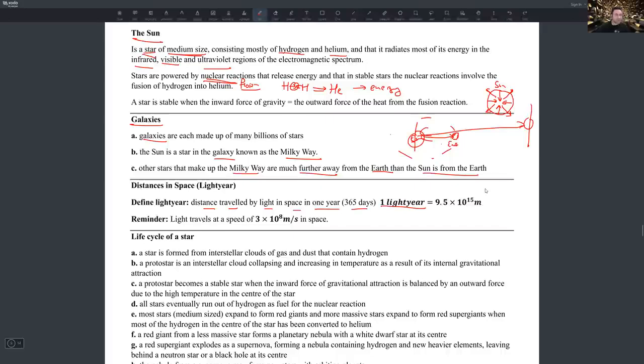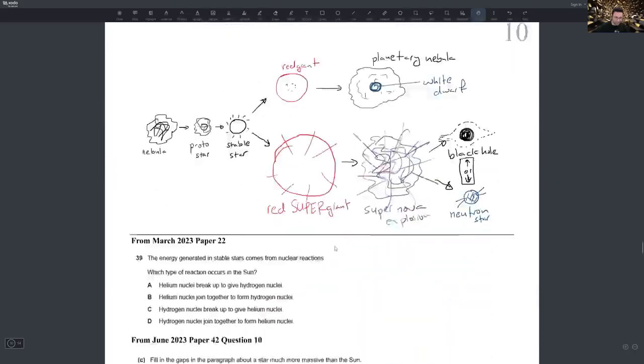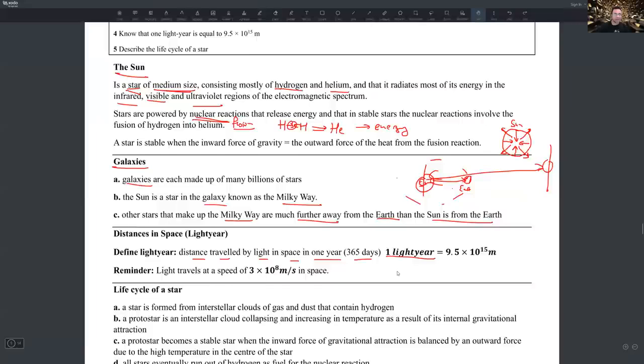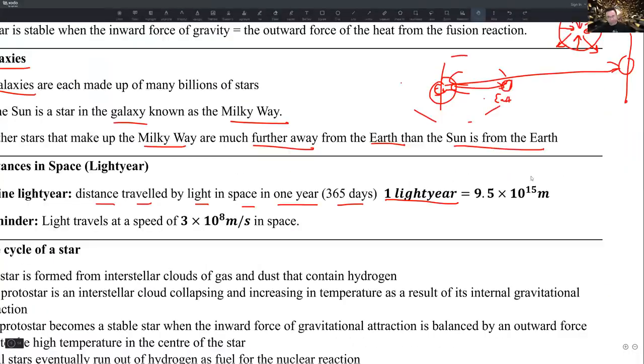365 days. So how do we calculate it? Like if I ask you, because I can and I will ask you in a bit, show me that a light year is 9.5 times 10 power 15 meters. You have to memorize this. So a light year is the distance traveled by light in 1 year. If the speed of light is 3 times 10 power 8 and 1 year is 365 days, I have to change it from days to seconds. So we do 365 times 24 times 60 times 60.